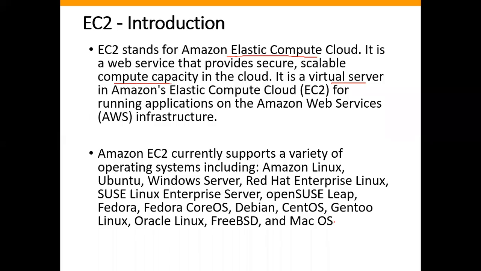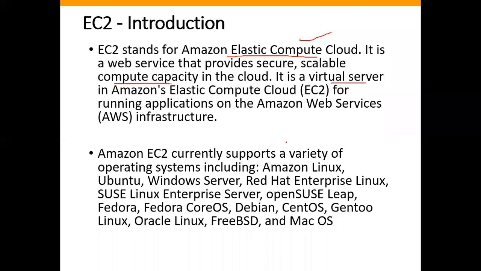With the help of EC2, we can create those machines, and on those machines, whatever you want, you can install a database or a web server. EC2 stands for Elastic Compute Cloud.